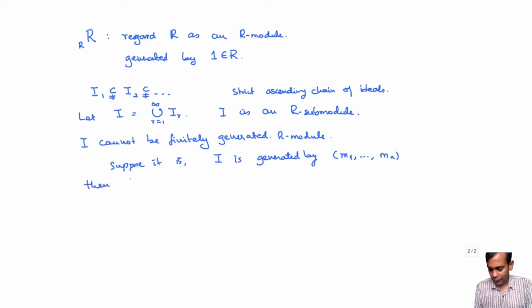Then there exists a large number N such that mi belongs to IN for all i equals 1 to n, because each mi belongs to some Ir, and then it belongs to all the Is for s greater than r. So beyond some point each mi belongs to some Ir and all the Ir's that come after it, and just take the largest of these numbers and all the mi's will belong to one of the ideals IN. But then that means that IN is equal to I, because the mi's actually generate I.